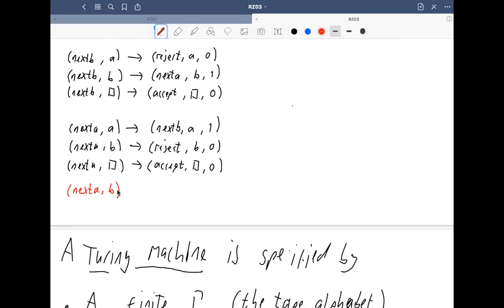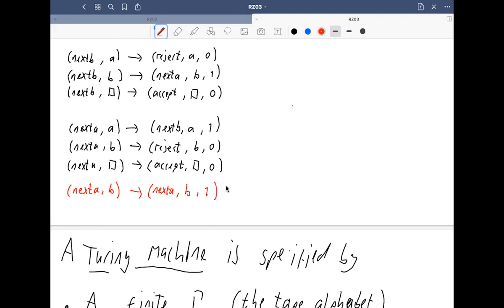So when we're in state next day and we're in B, we can either go into reject, or I'm going to allow us to, instead of going into reject, stay in next day, keep the B on the tape, and move one place to the right.